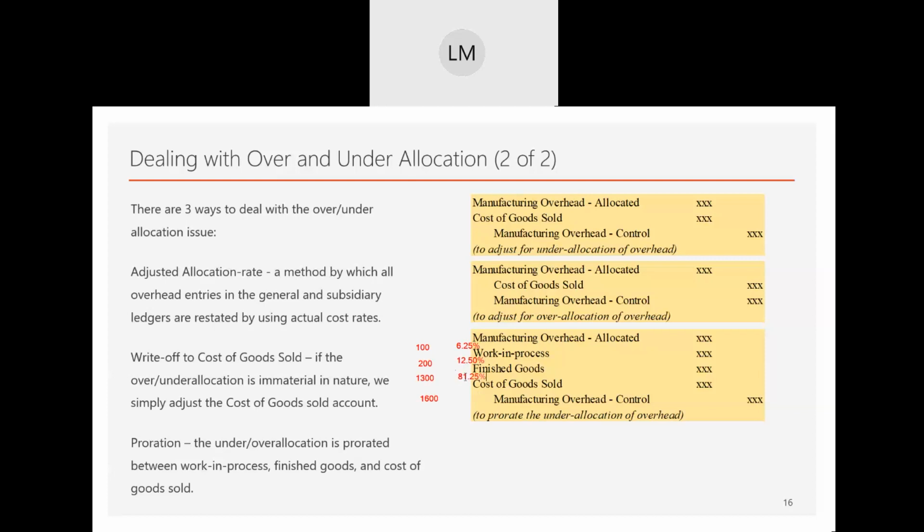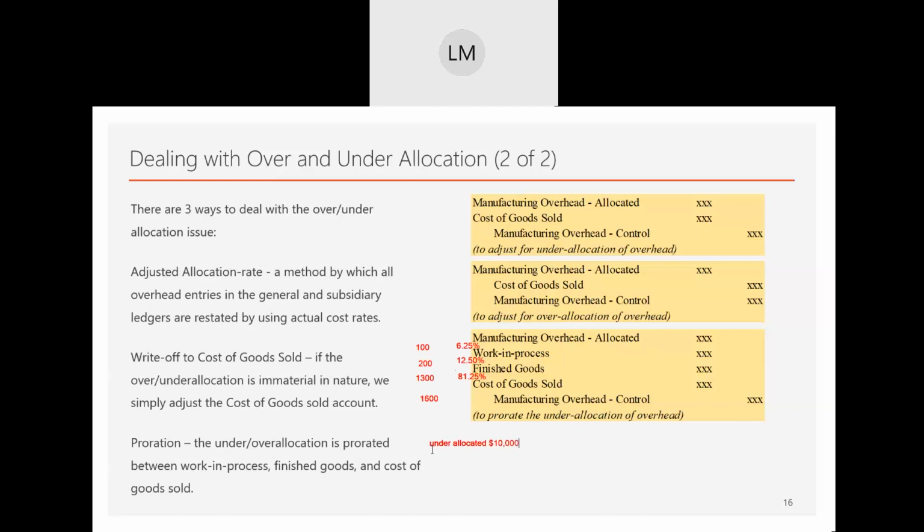So let's say the difference between my overhead that's been incurred and allocated is 10,000. I have under allocated 10,000.